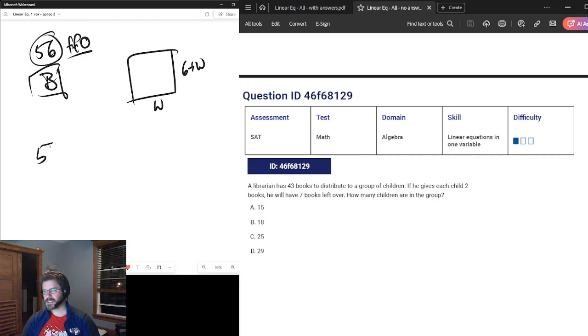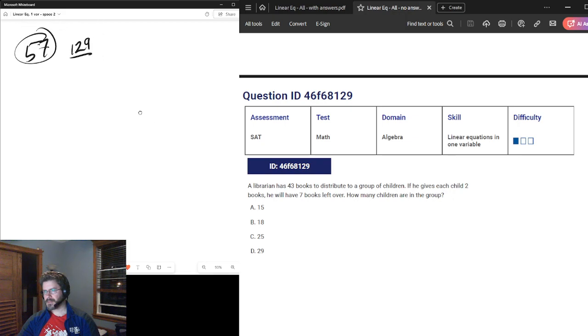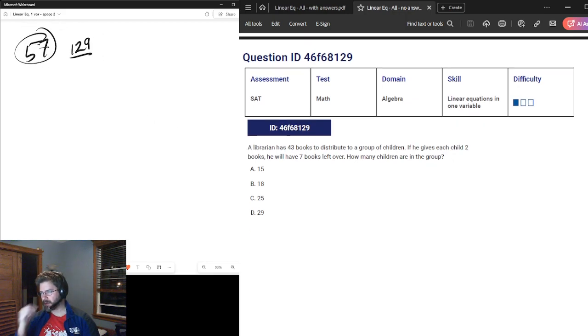We get 57. Ending 129. Okay. 43 books to distribute. Each child gets 2 books. They get 7 left over. So 43 minus 7.